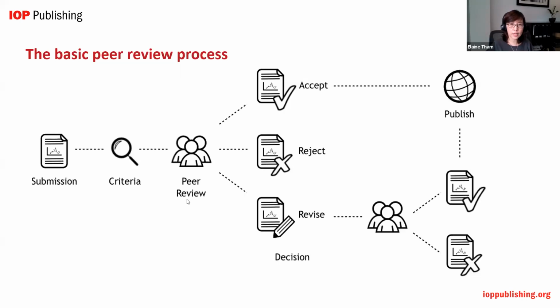From the peer review stage, there are 3 possible outcomes: accept, reject, and more often, a recommendation to revise the paper. The revision will go back to the same reviewers, and if it is accepted, then the paper will go on to be published in the journal.